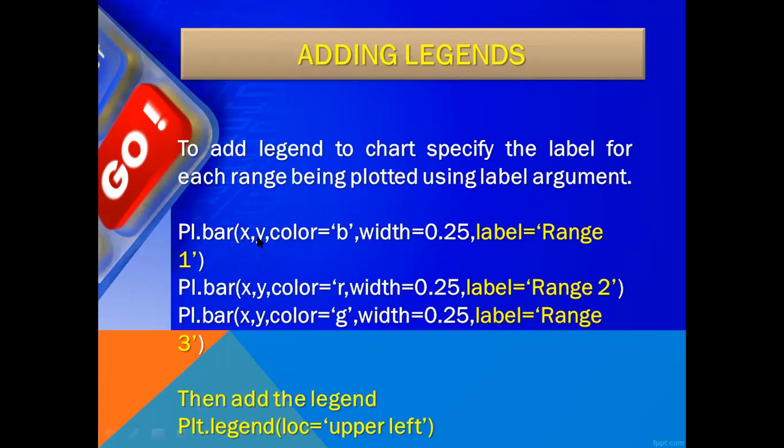So how to set it: pl.bar, this is a bar chart, x comma y, which are variables I already used, and color equal b, that is blue, width equal 0.25, where width you can give as a size, and label equal range 1. In the second line also you can mention the label over there. You can create a program that will execute.